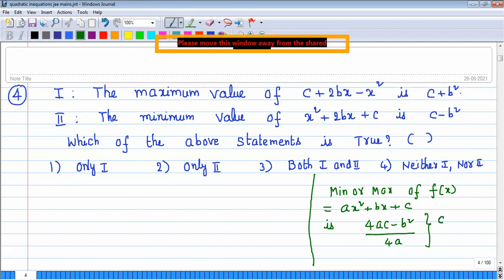Accordingly, a greater than 0 and a less than 0. That means if a is greater than 0, this value is the minimum. If a is less than 0, it is the maximum.